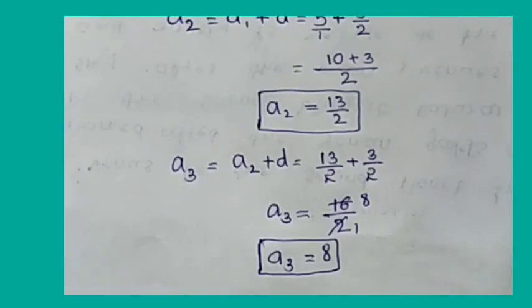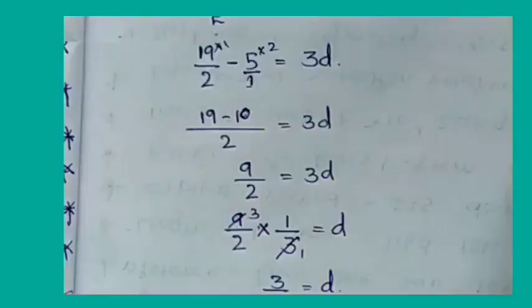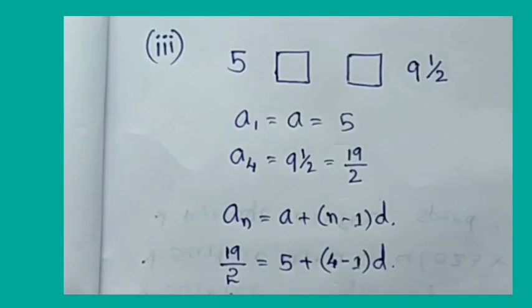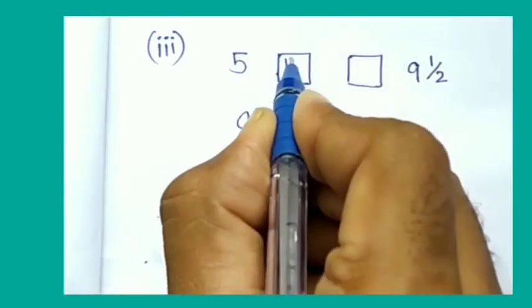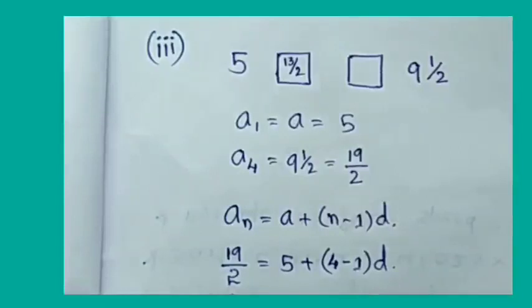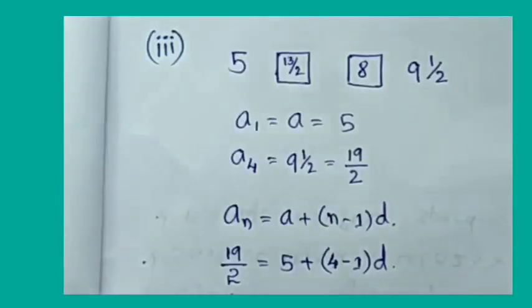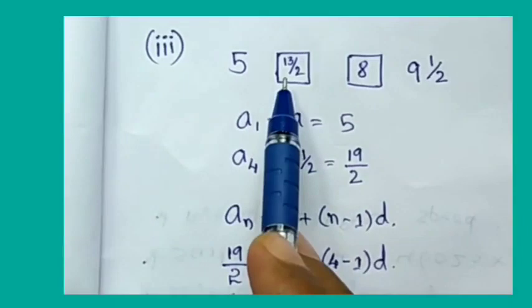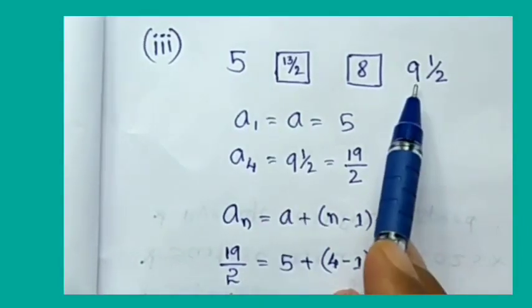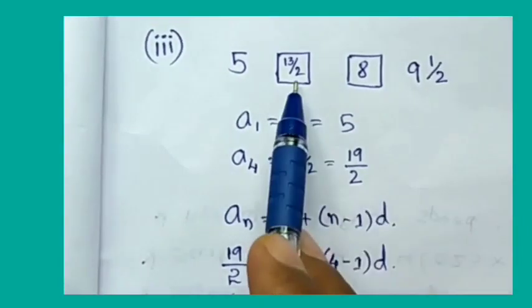So now we got a2 and a3. Now we put it in boxes. So a2 is 13 by 2 and a3 is 8. Okay, so here a2 is 13 by 2, but they have given it in mixed fraction. You can make it a mixed fraction also.